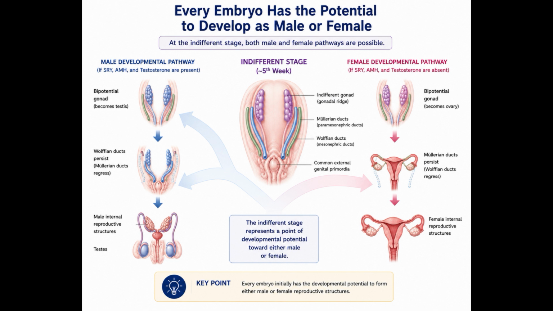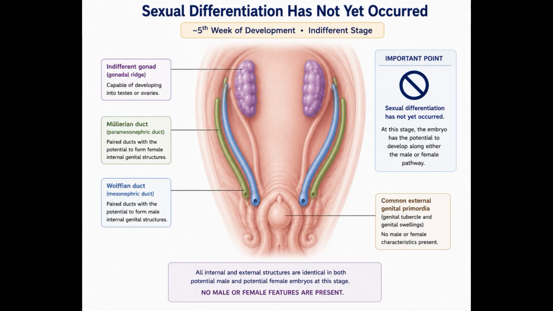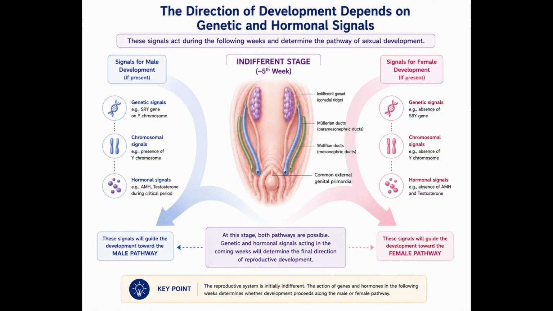In other words, every embryo initially possesses the developmental potential to form either male or female reproductive structures. Sexual differentiation has not yet occurred. The direction of development depends on the genetic and hormonal signals that act during the following weeks.